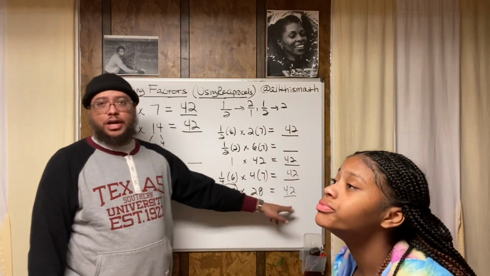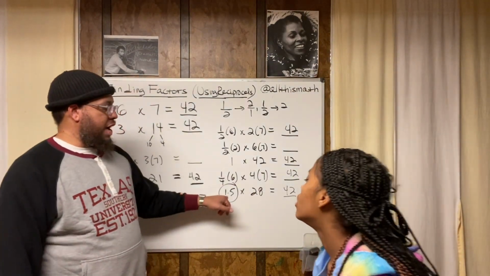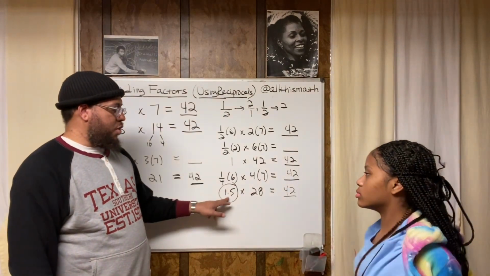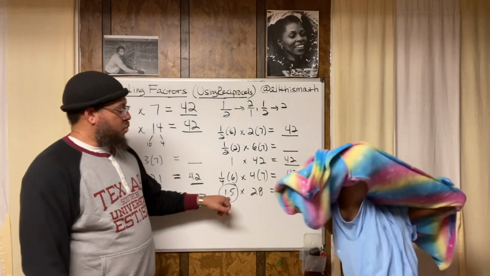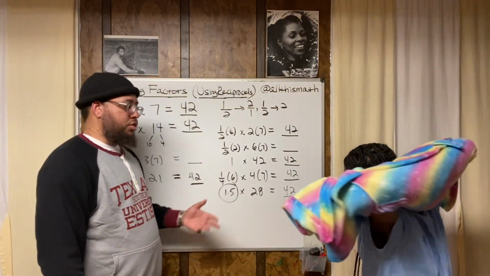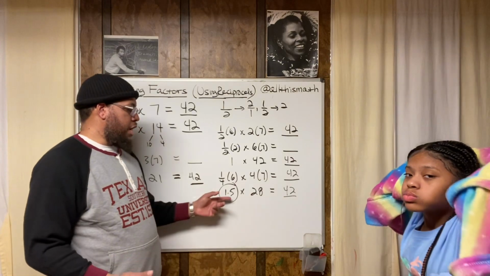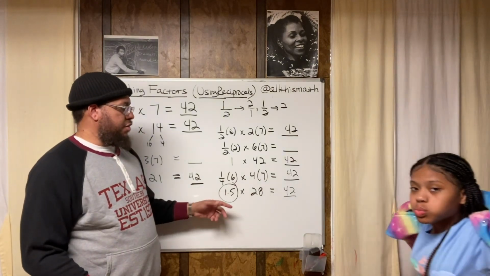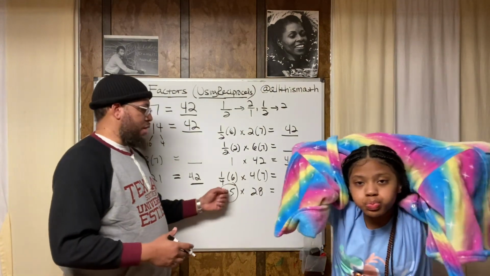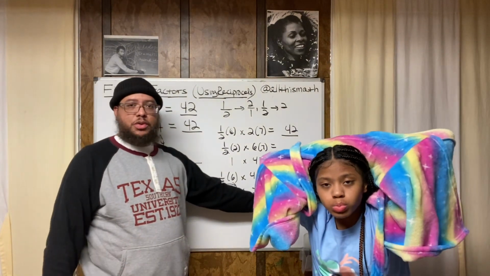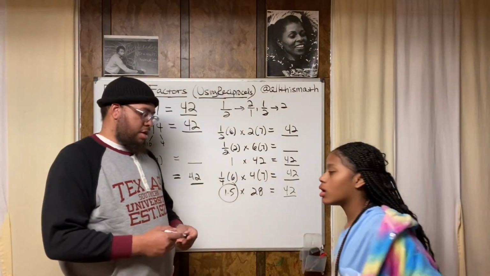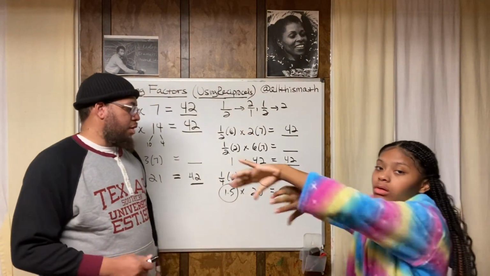And 28 is not a factor of 42, because even though 28 is a whole number, you have to multiply 28 by 1.5 to get 42. 1.5 is a decimal. Decimals are not factors. Factors are whole numbers. So even though you can divide by 1.5 and multiply by 1.5 to get the product of 42, it's still not considered a factor because it's not a whole number. All right, so keep that in mind.